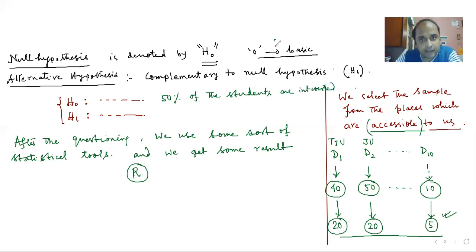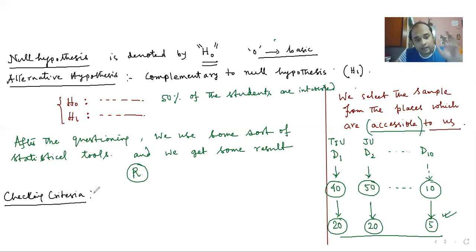Okay, and in every statistical hypothesis, there is a checking criteria available. There is no universal checking criteria for problem to problem, from system to system. This checking criteria is actually varying.